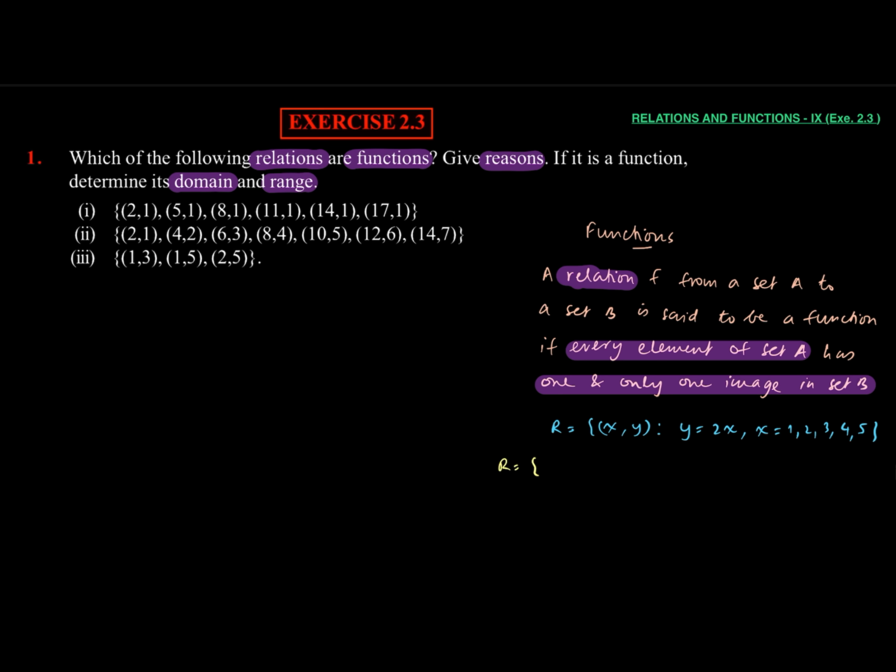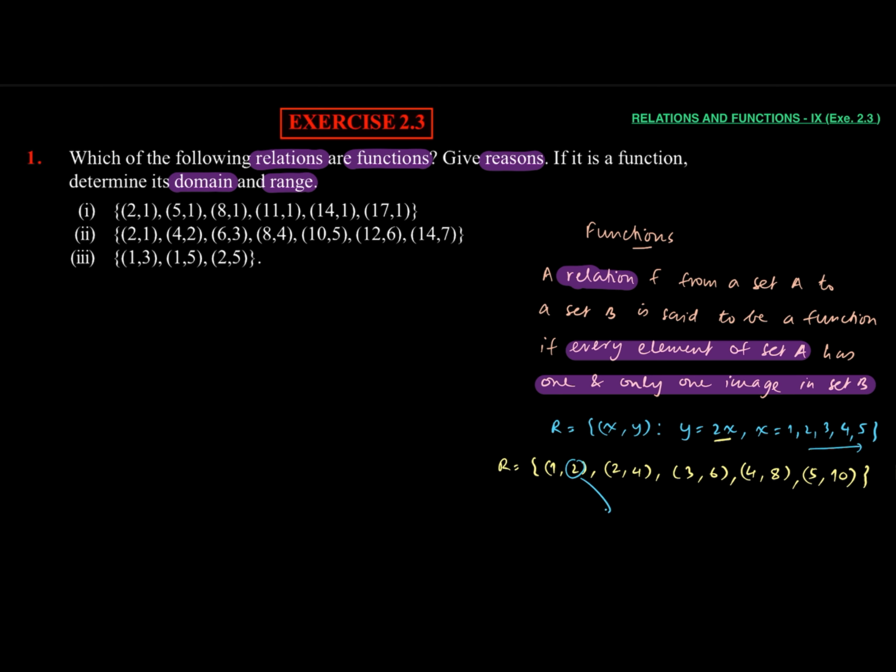Here if we plug in the value of x as 1, we'll have the value of y as 2 according to this relation. Plug in x as 2, we'll have y as 4. If x is 3, y will be 6. If x is 4, y will be 8. And if x is 5, y will be 10. The value of x can go up to 5 as per the given condition.